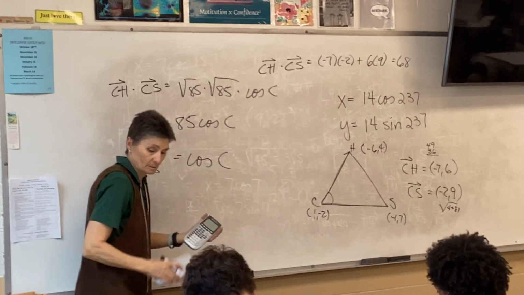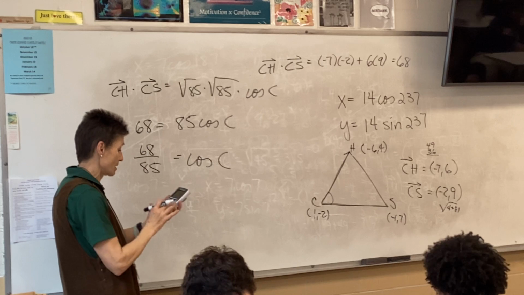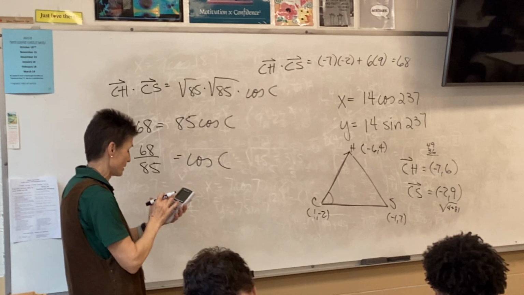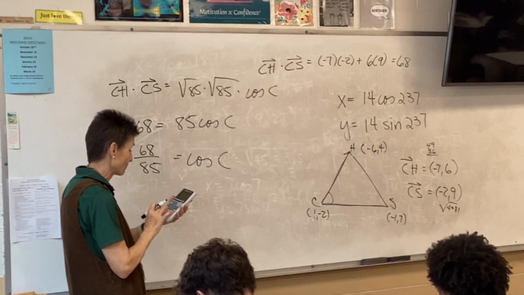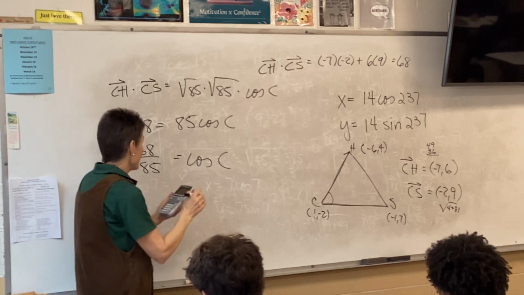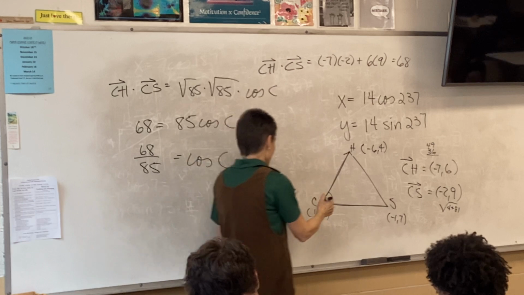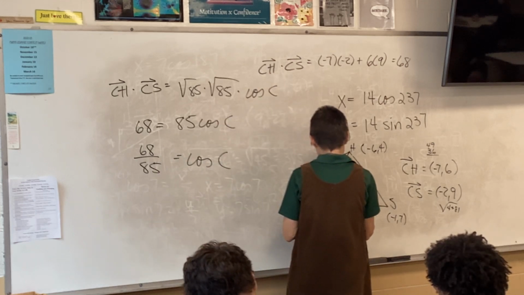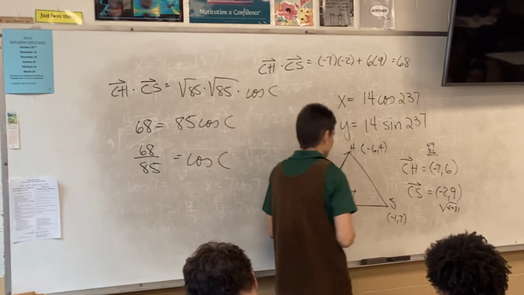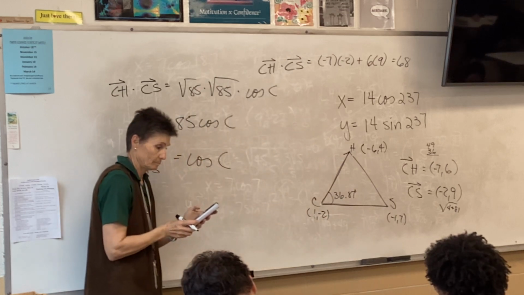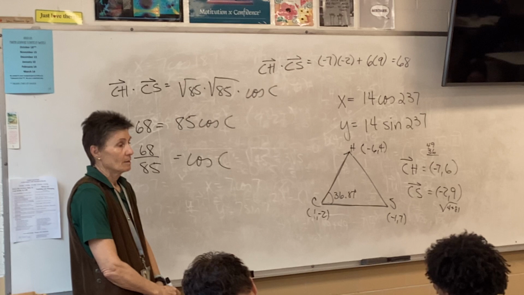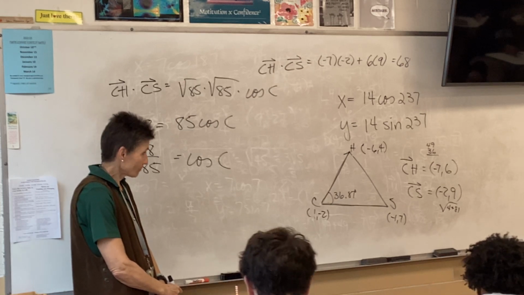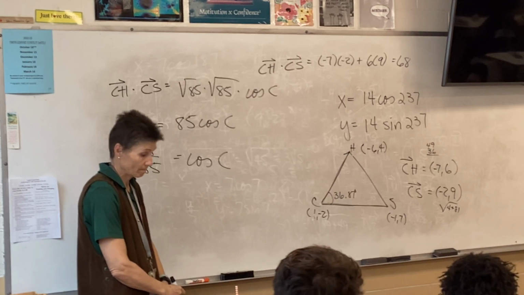Second cosine of 68 divided by 85. And did you get 36.87 degrees? That's what it is.